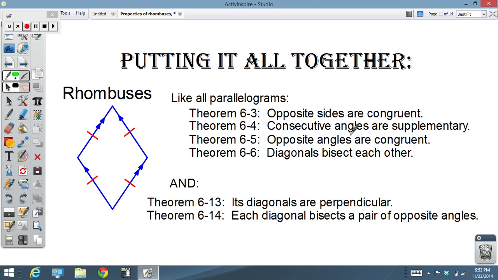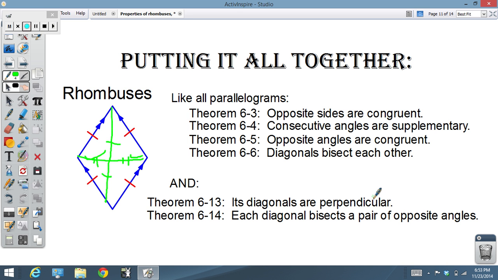Also, consecutive angles are supplementary, those will add up to 180. So will those. Opposite angles are congruent, check, and check, and diagonals bisect each other. Diagonal, diagonal, they cut each other into halves.